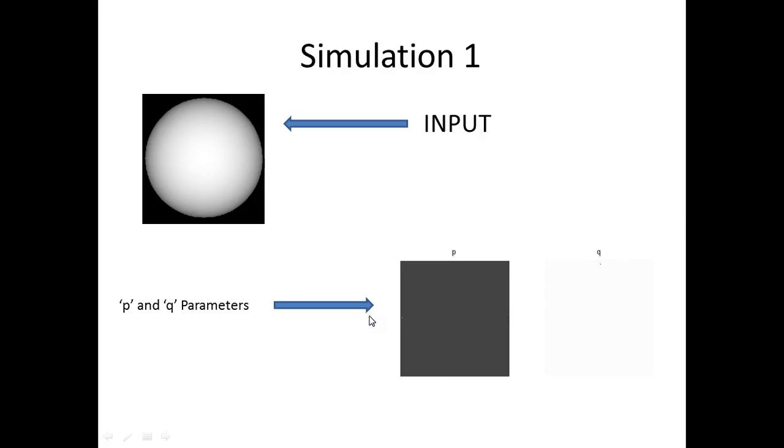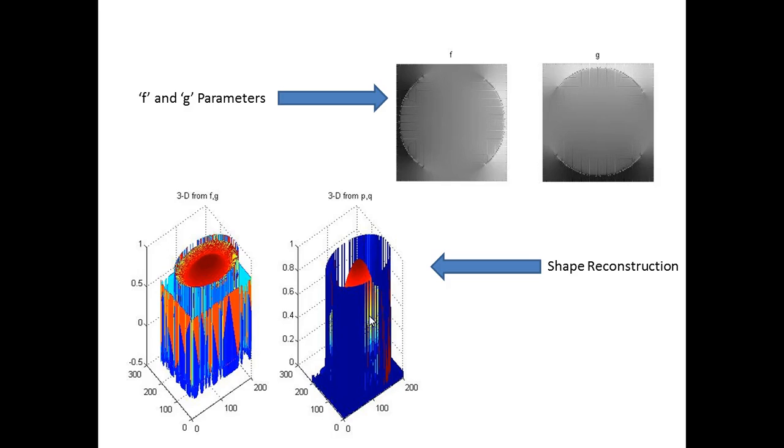Information from the PQ parameters is also obtained. Then we get the FG parameters after running the simulation, and you can see these are the F and G parameters.